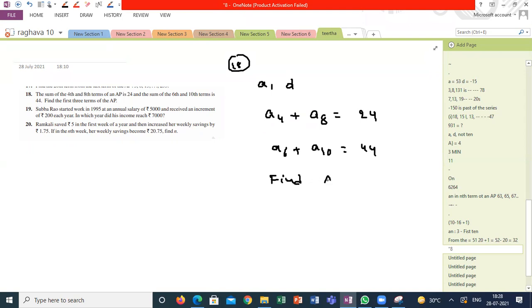Find AP means at least 3 to 4 terms of the AP you have to write. So indirectly he is asking to find the A, D values and write at least 3 or 4 terms of that arithmetic progression. So write all the equations.